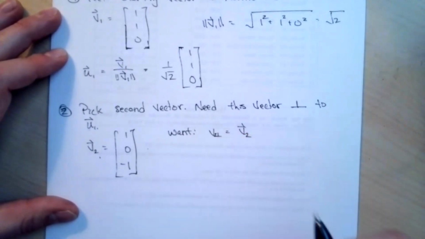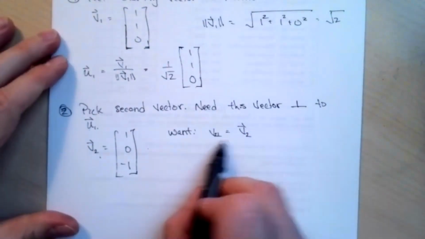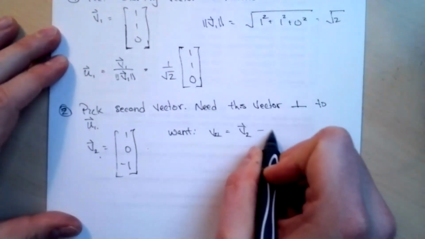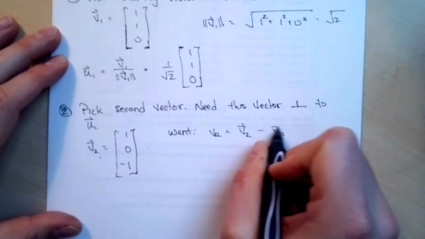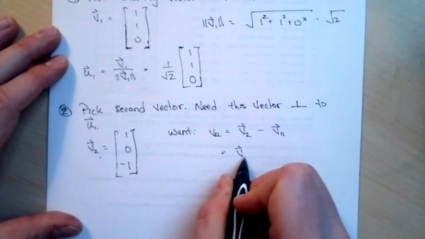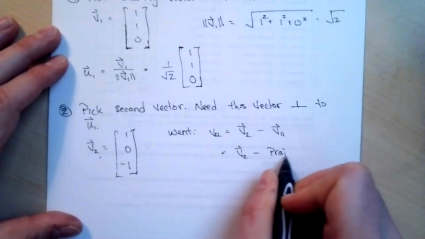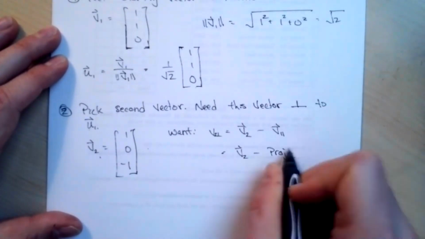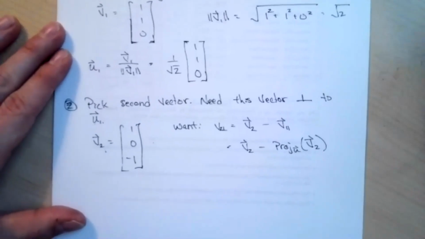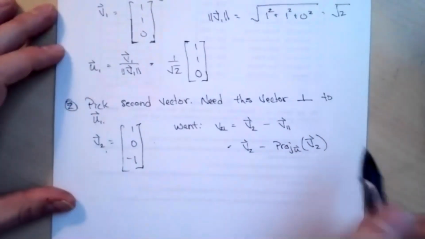Sorry, let's call that V2 perpendicular. So we'll have an extra subscript there. We just take the vector and then we subtract off the parallel component. And remember that the parallel component is just going to be the projection. So minus the projection onto U1 of V2. So this is our algorithm. Let's pick out the pieces.